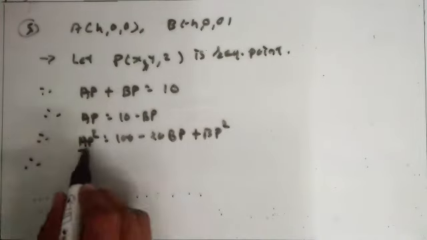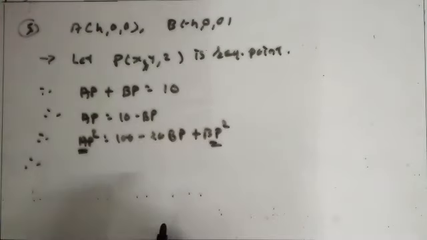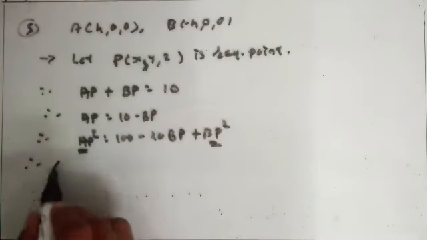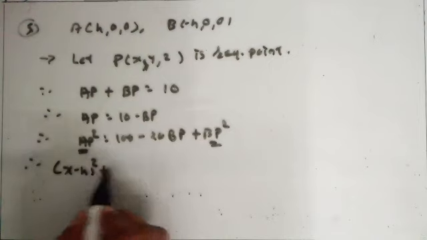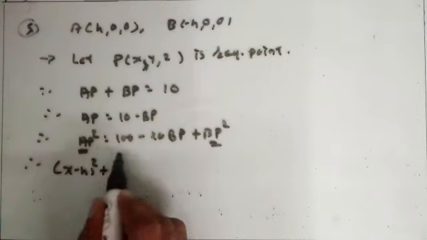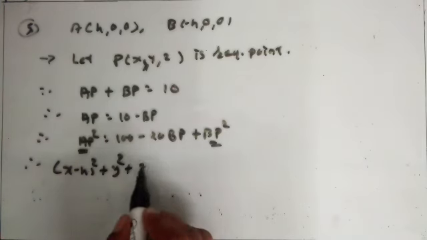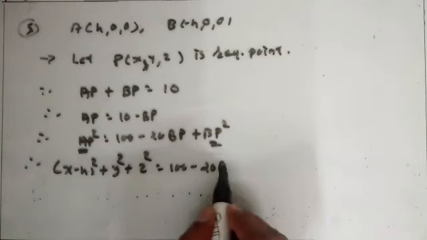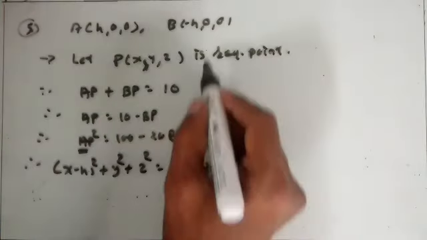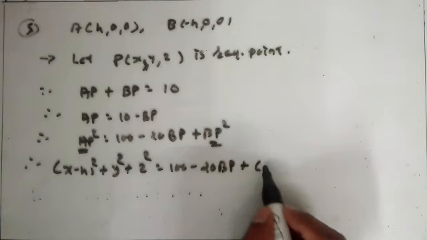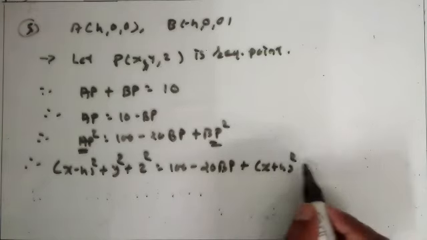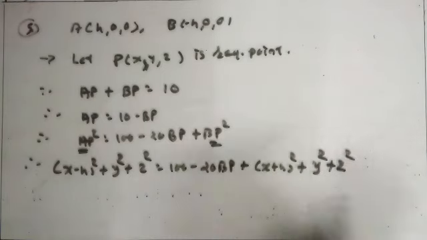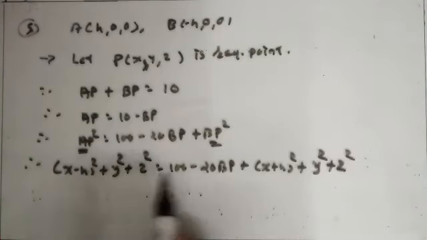Now apply the distance formula for AP square and BP square. AP square is equal to x minus 4 square plus y minus 0 square, that is y square, plus z minus 0 square, that is z square, is equal to 100 minus 20 BP plus BP square, which is x plus 4 square plus y square plus z square. Here y square and z square cancel from both sides.